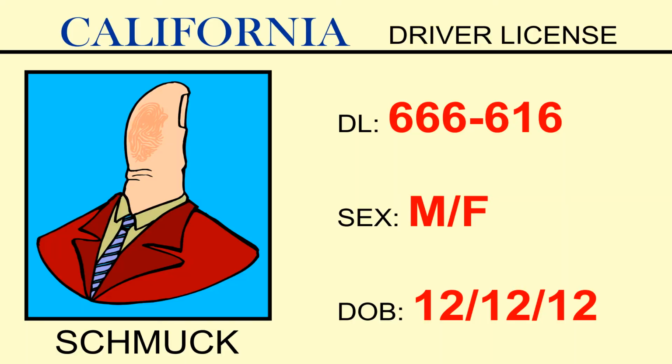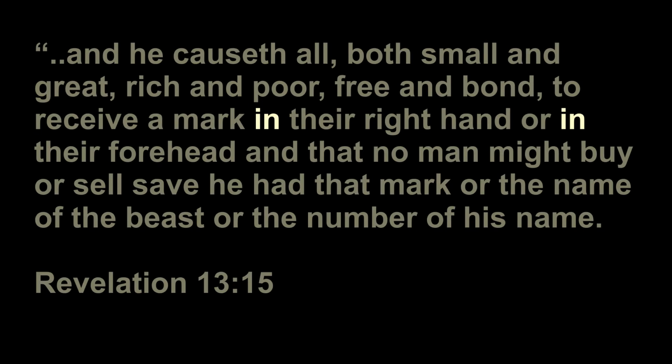Like for example, when you go to the DMV, you give, you offer, you bring forth your right hand to create a thumb stamp. You also give, you offer, you bring forth your forehead to create an image on your license. Next word, in, sometimes on.